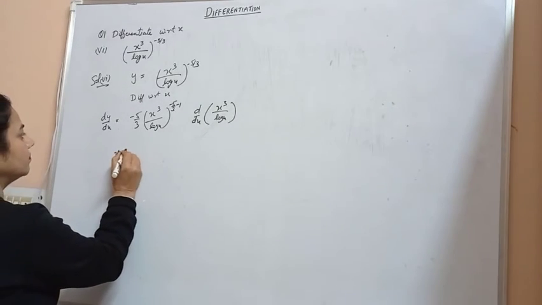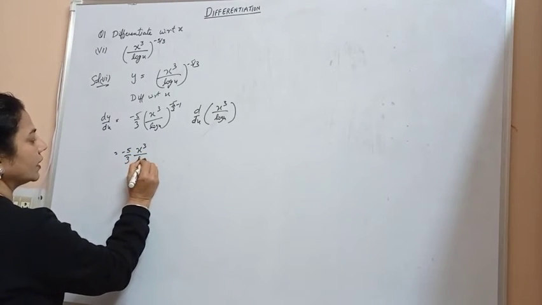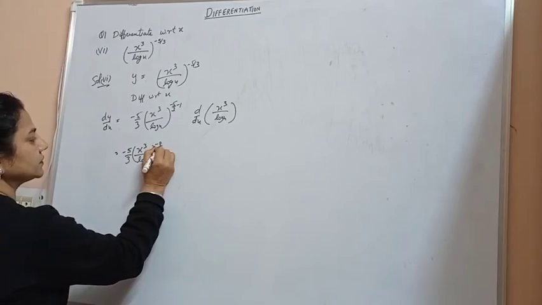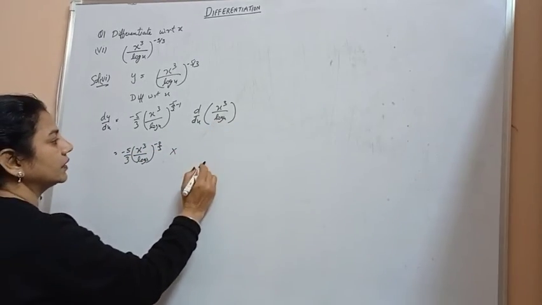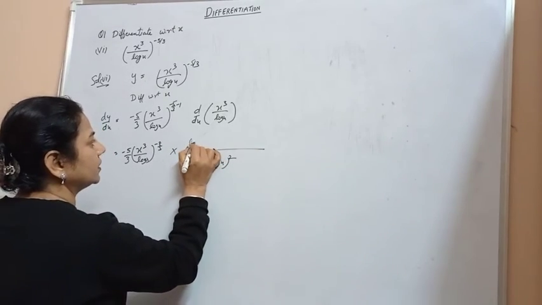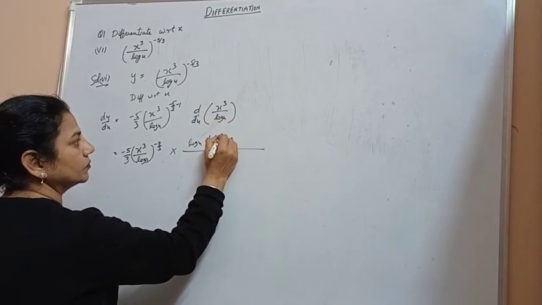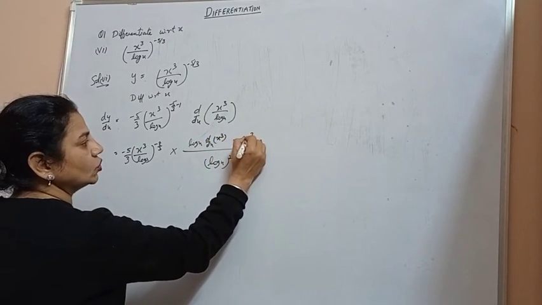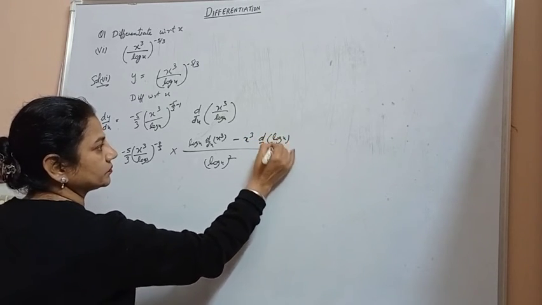We have minus 5 by 3 (x cube upon log x) whole to the power minus 8 by 3 into, apply the quotient rule over here. We get (log x) whole square, the denominator, into the derivative of the numerator x cube, minus x cube, the numerator, into the derivative of the denominator log x.